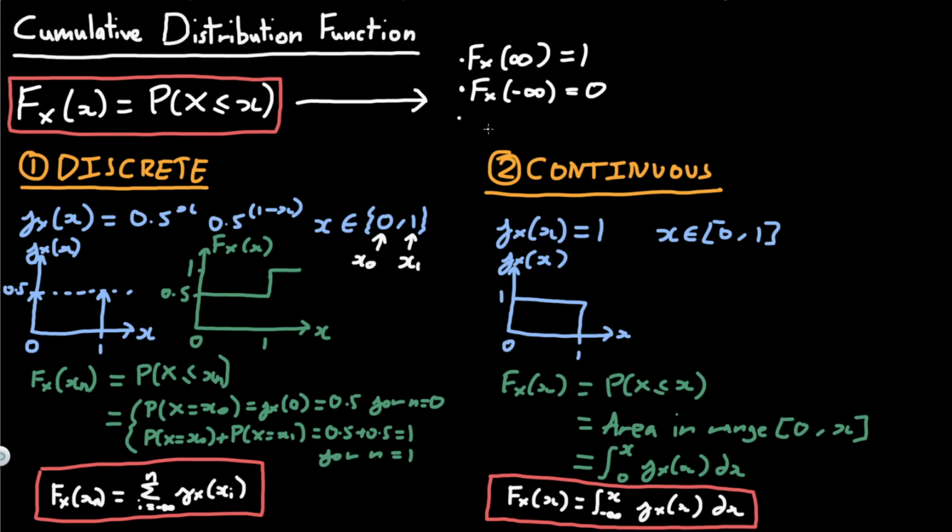And furthermore, because probabilities are positive semi-definite, which means that they're greater than or equal to 0, you can't have negative probability, then if I pick two numbers, say x1, which happens to be less than another number x2, then I can also say that the value of the cumulative function at x1 should be less than or equal to the function at x2.